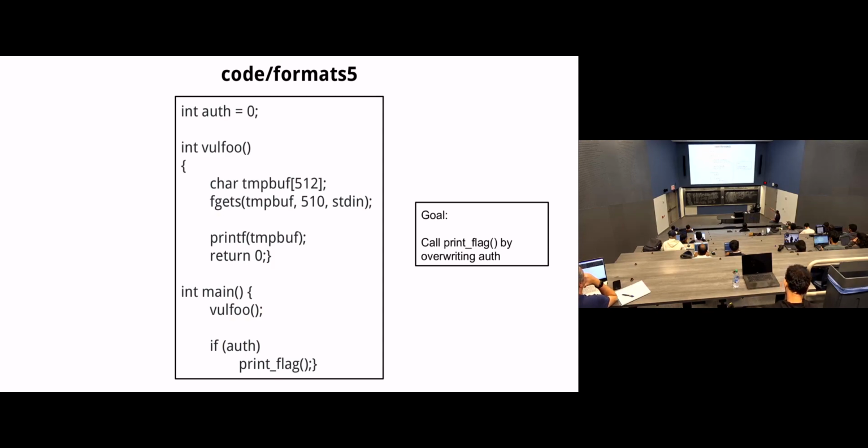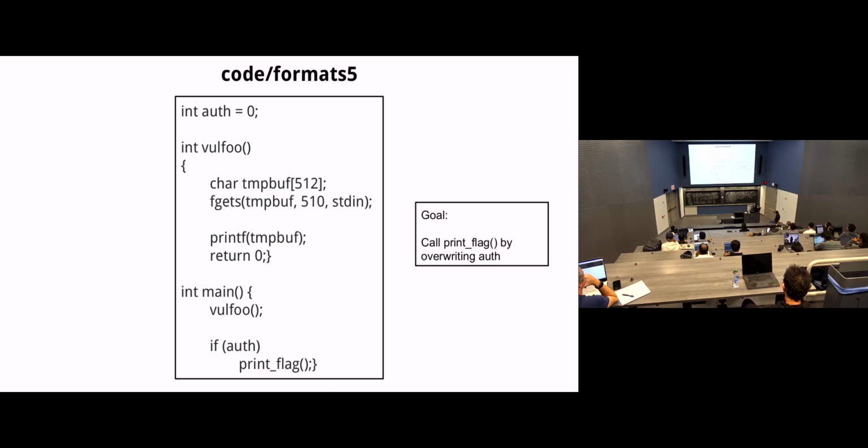Okay. So this one we have a global variable auth, which is initialized to 0. And in the main function, if auth is not 0, we're going to print out the flag. That's it. The valfoo function has a format string vulnerability, but no buffer overflow here. We have a buffer of 512 bytes.